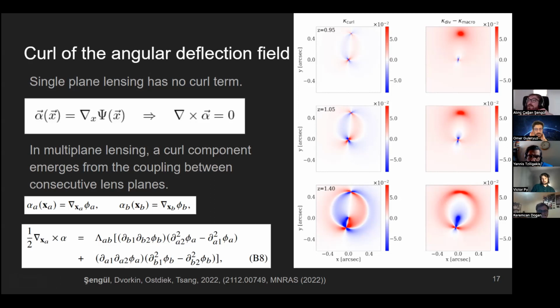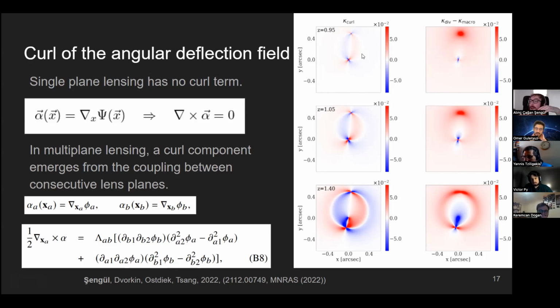On the right-hand side, you see the convergence of the surface mass density of the perturber that you have. What I'm doing here is I'm increasing the redshift. So I'm making the perturber more and more a line of sight perturber. When the redshift of the perturber is 0.95, the main lens redshift is 0.9. So it's really close to the main lens redshift.